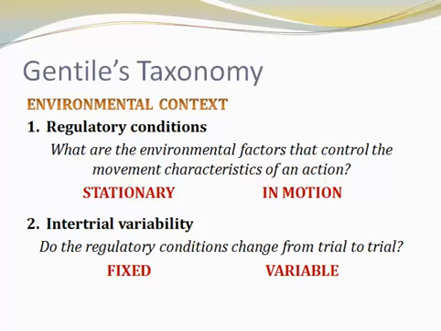The two options in this case are fixed, where intertrial variability does not exist, so our regulatory conditions are not changing, or variable, where intertrial variability is present and those regulatory conditions or environmental factors are changing.